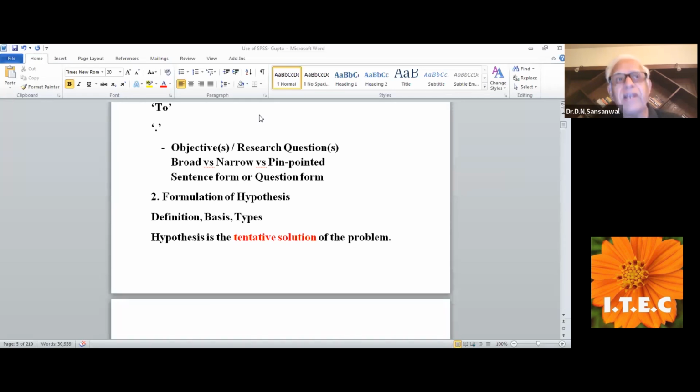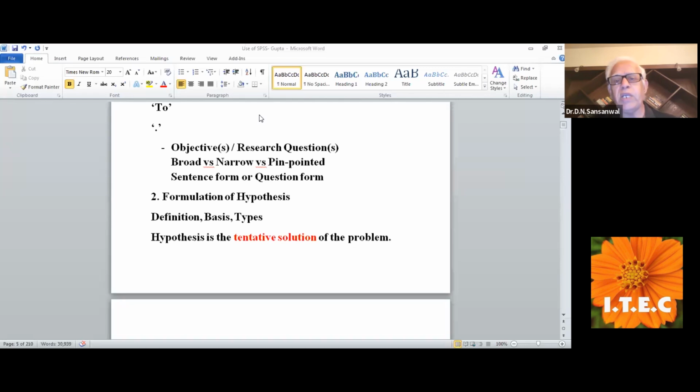And your title must be narrow, because for one particular title, you may have 5 objectives, 6 objectives, 10 objectives, whatever it is. If it is not narrow, then Divya, you cannot have 5 or 6 objectives. And your objectives must be pinpointed.